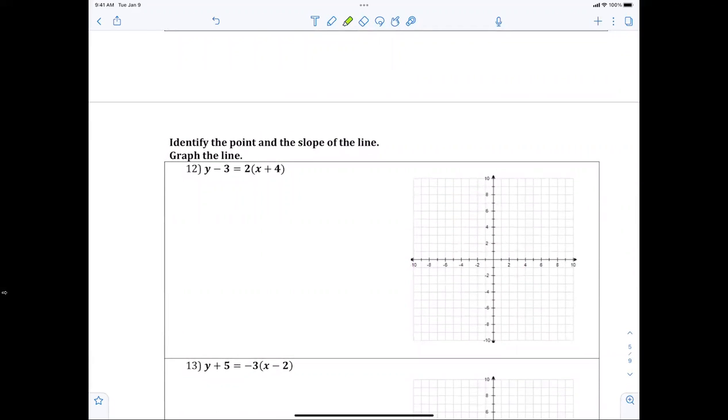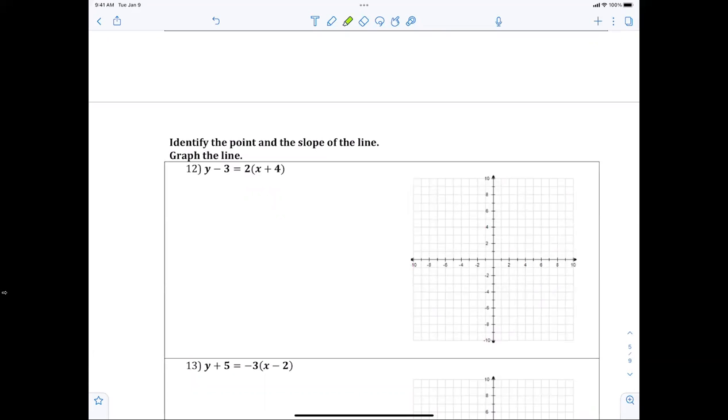Okay. Now we went from the point and the slope to the equation. Now we're going from the equation to the point and the slope. Right, so the coordinates will be -4, 3.